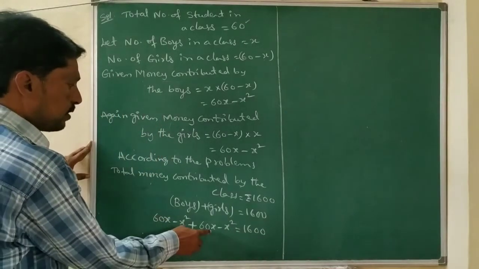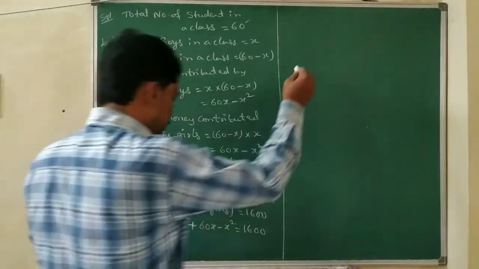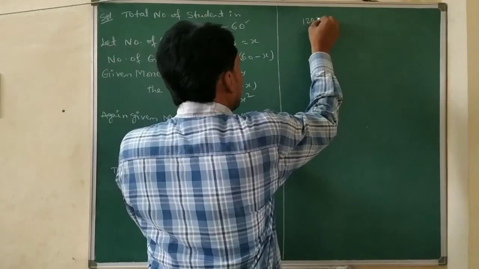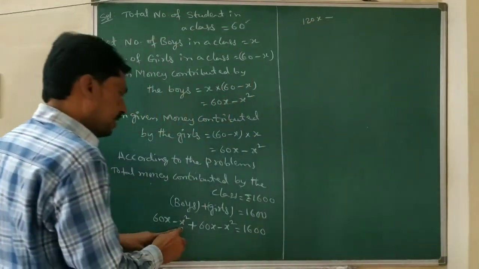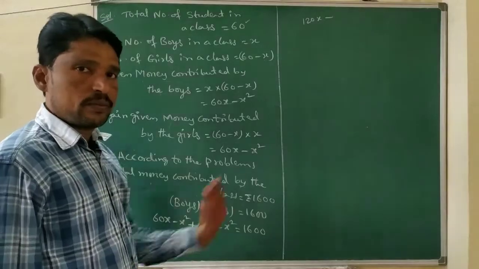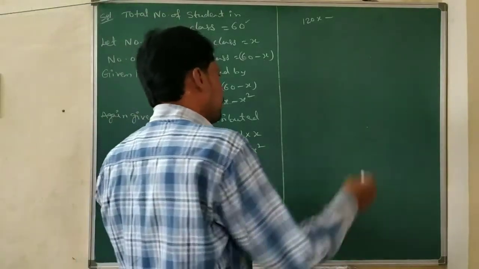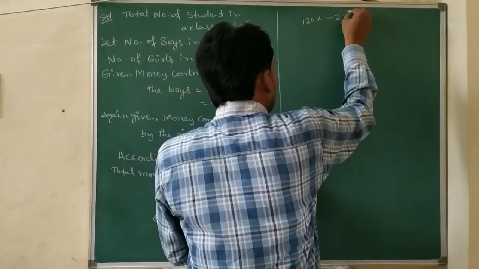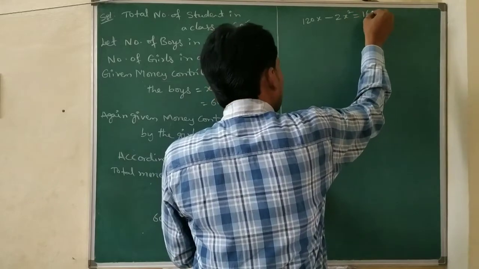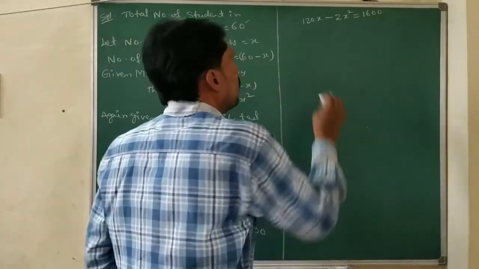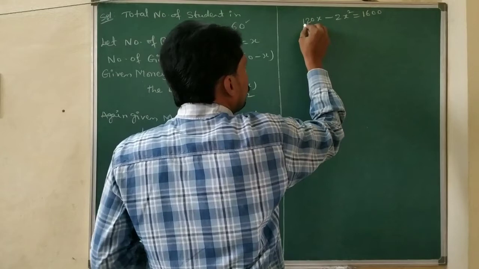So 60x plus 60x, here I am writing 120x minus x square, both are minus, you can add: x square plus x square, 2x square equal 1600. Now this whole term you can transpose to the left side.